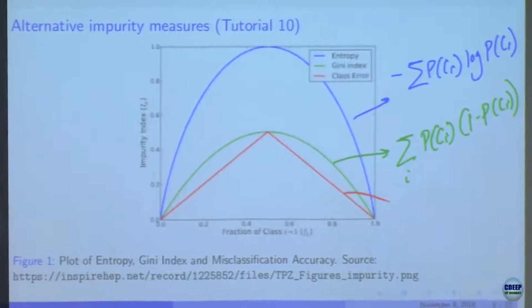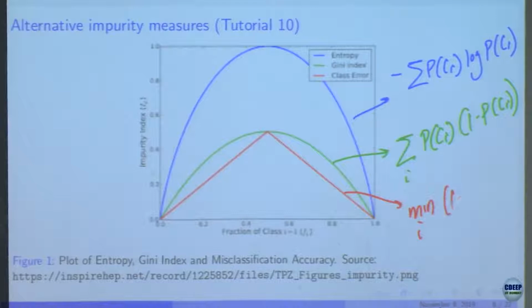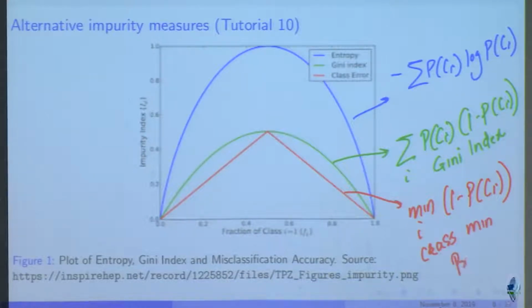And the one in red is min over i of 1 minus P of Ci. The max values that the three take are slightly different. The one in green is called the Gini index. The one in red is called class min probability error, and this of course is the entropy.